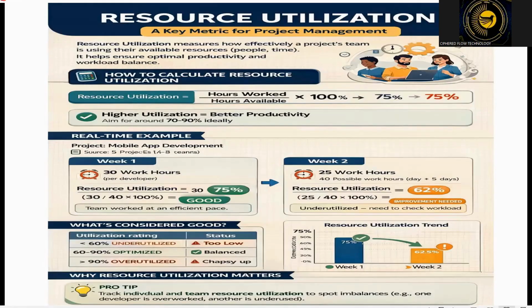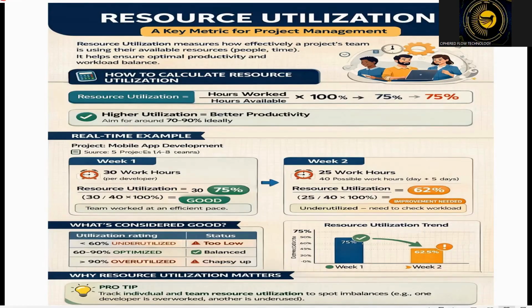The next one, and it is one of the important metrics, is resource utilization. The project manager's work is not only to manage the work, but they also have to effectively measure whether team members working in that particular project have sufficient work or not.